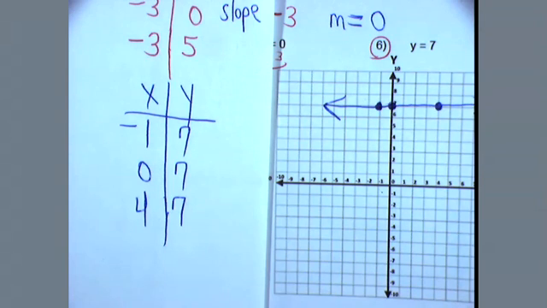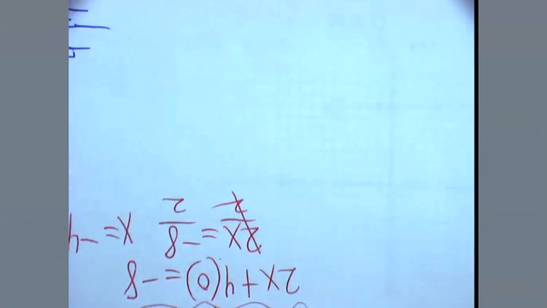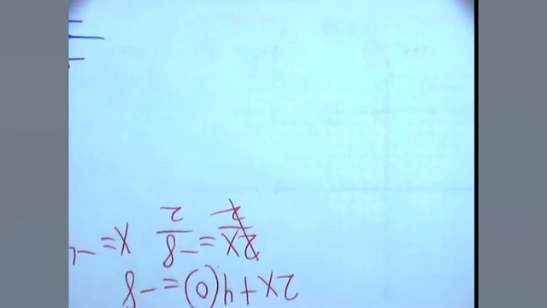Now, what if you're given 2 order pairs and that's all, and you have to find the slope between the 2 order pairs? There's a formula that you can use for this specific occasion.